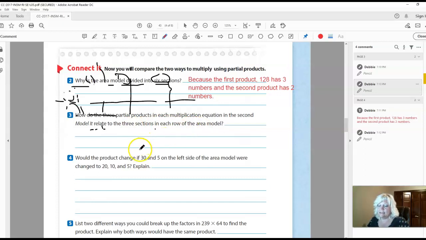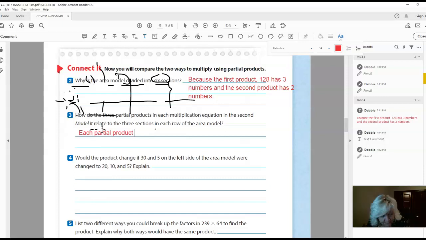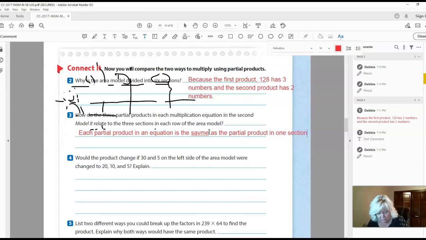The way they'd like you to answer that is, each partial product in an equation is the same as the partial product in one section of each row. So let me go back and just clarify that a little bit.